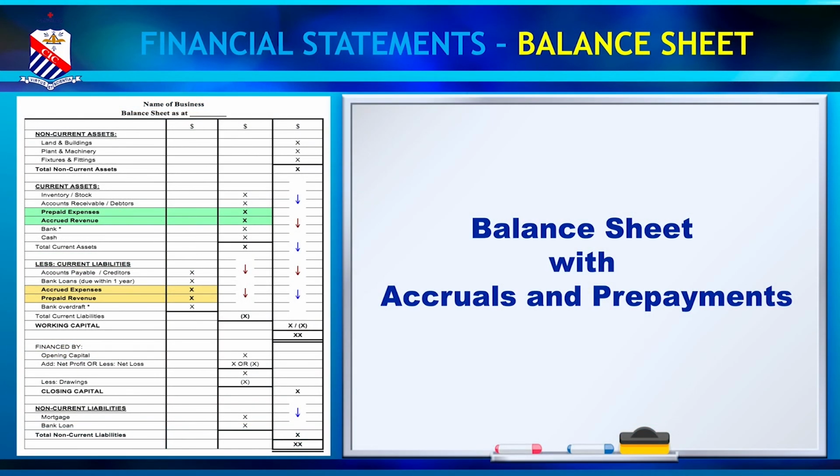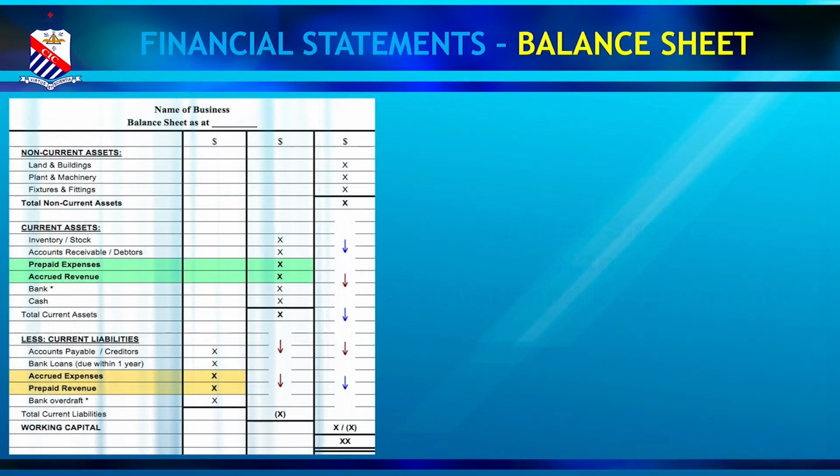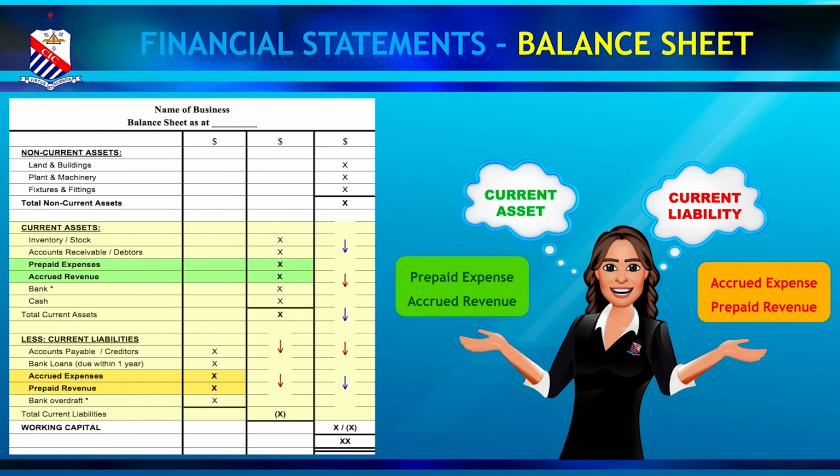So this is your balance sheet, your full balance sheet with the accruals and prepayments. What is shaded here is just the only two new things. Everything else stays the same. So this is the only area that has any changes in it. Everything else in white just remains the same. Your accruals and prepayments only affect the current assets and the current liabilities.